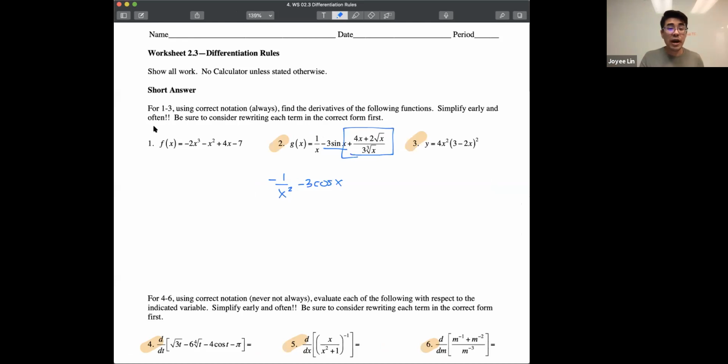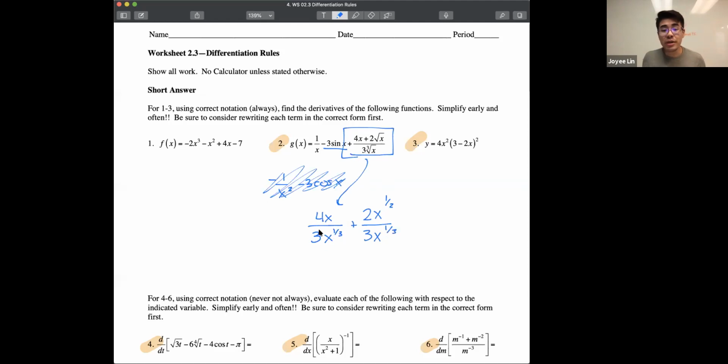Whenever you have a binomial on top and a monomial on bottom, you can split it up into 2 separate fractions. So before I take the derivative, we can rewrite this as 4x over 3x to the 1/3 power, plus 2x to the 1/2 power over 3x to the 1/3 power.